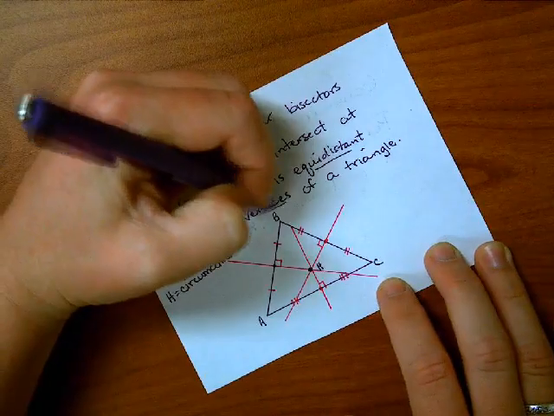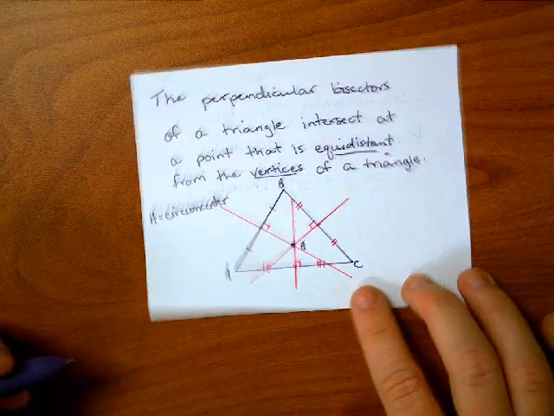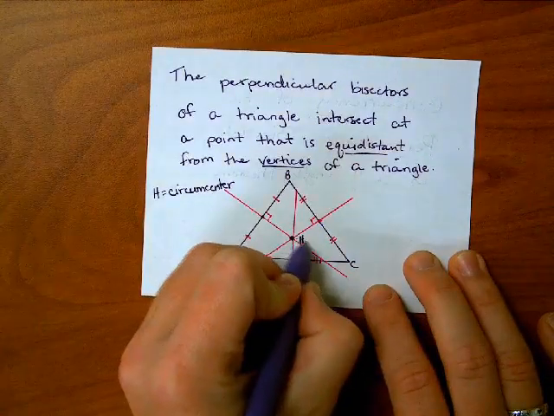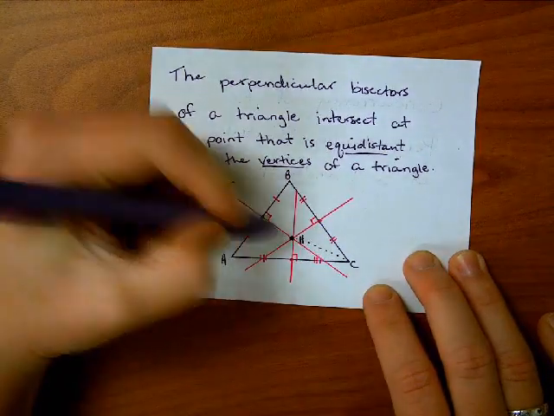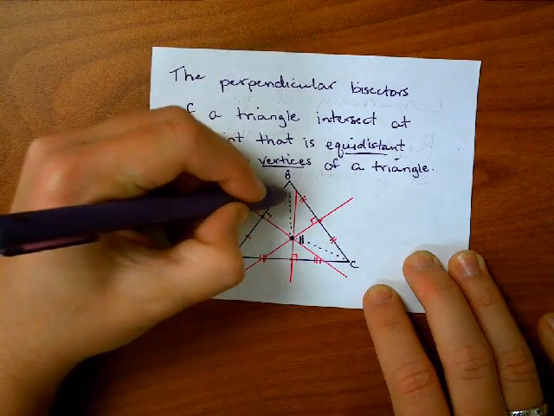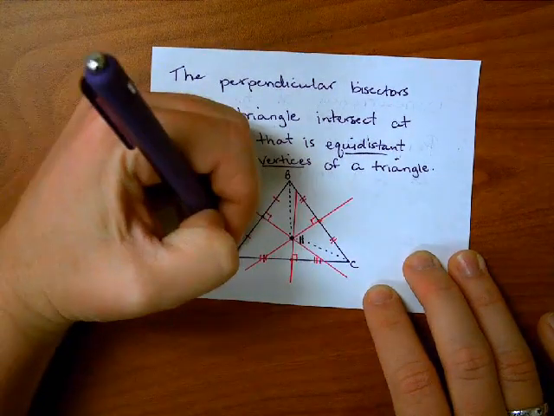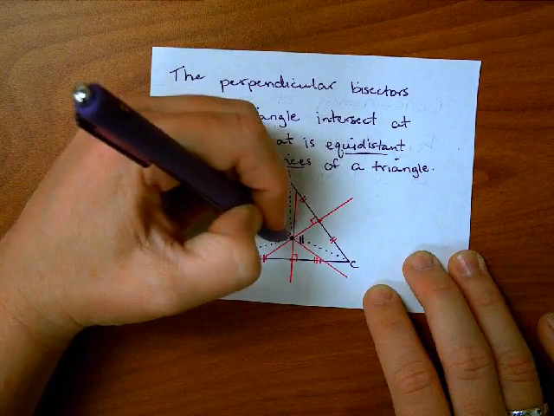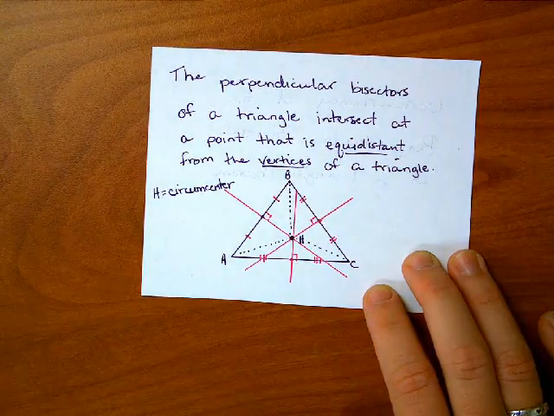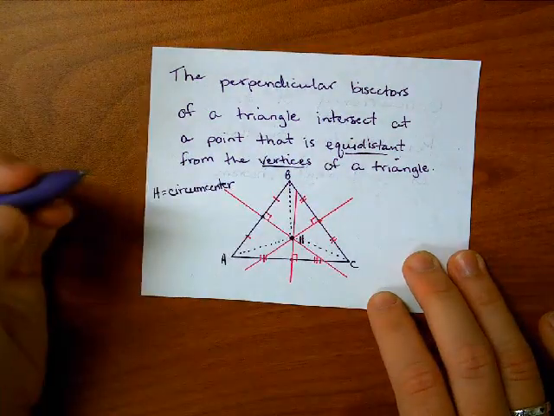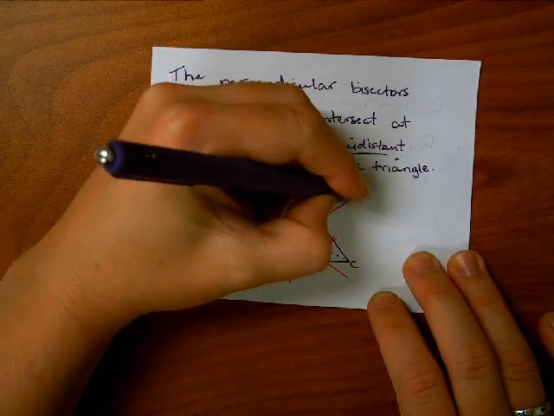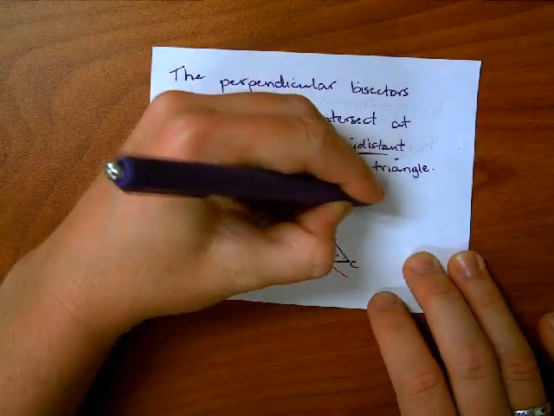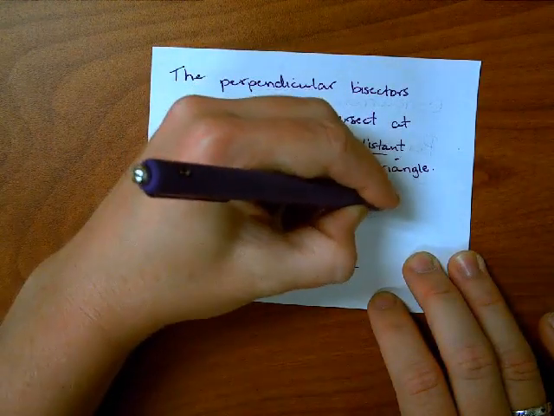So that means that point H here is the same distance from C as it is from B as it is from A. So HC is the same as HB is the same as HA.